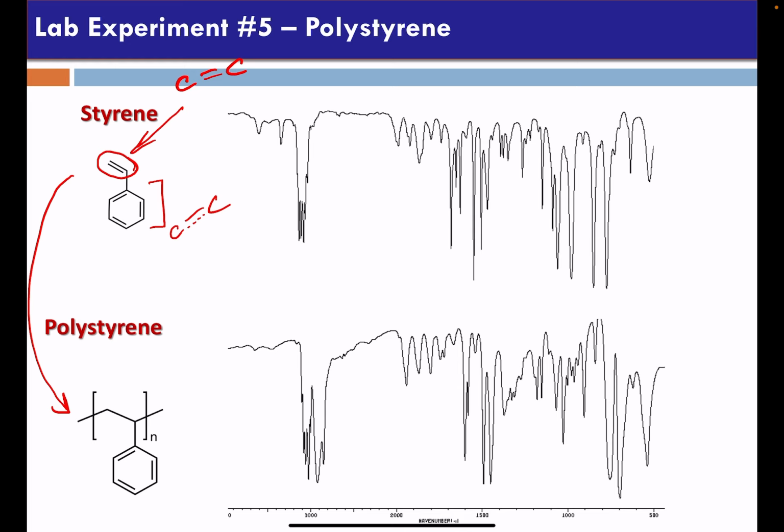Okay, so you can see here down in the double bond region that we mentioned earlier that in the monomer case, we're talking about unique signals in this region here corresponding to C double bond C stretch for the vinyl group. And most of that is absent in pure polystyrene.